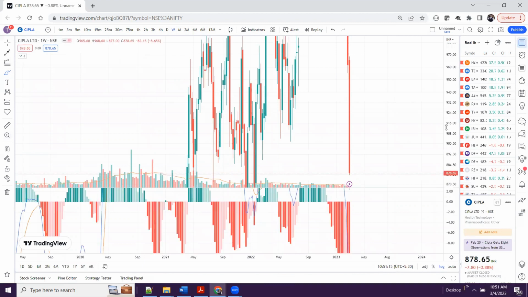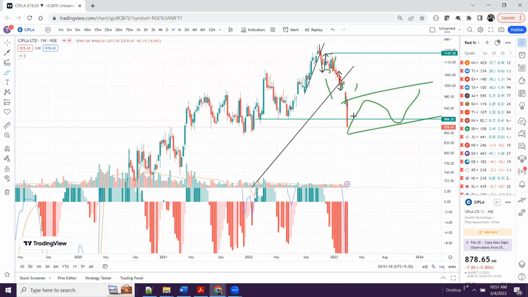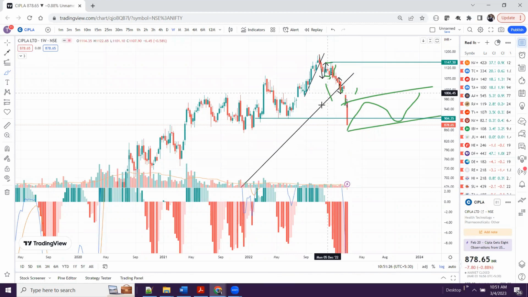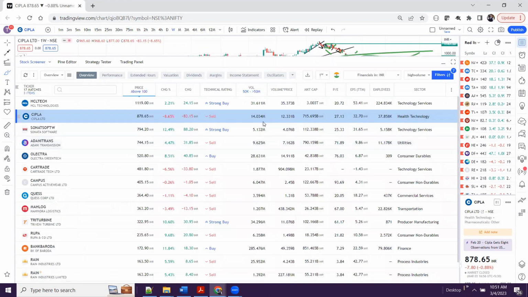You can see this is having a strong downside movement, and it is giving a sell signal. This is how, if you want to do a swing trade, you can find a strong stock that is indicating strong volume also, and this is giving you a sell signal also.